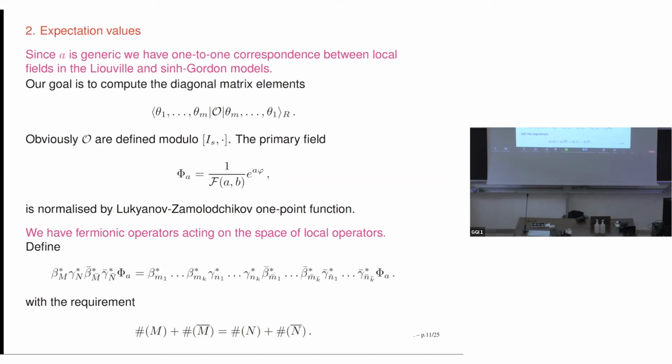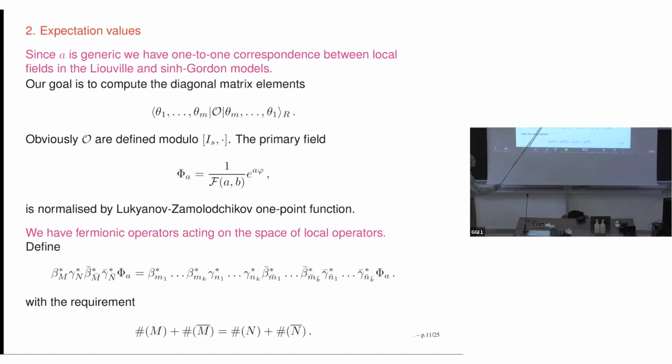I will consider arbitrary exponents here, so just for dimensional reasons there are no contour terms which can be added for arbitrary dimension. So this is a one-to-one correspondence. That's why in the sinh-Gordon model, I count the local fields in the same way as in conformal field theory. The conformal symmetry is lost, of course, but it is used for counting the fields.